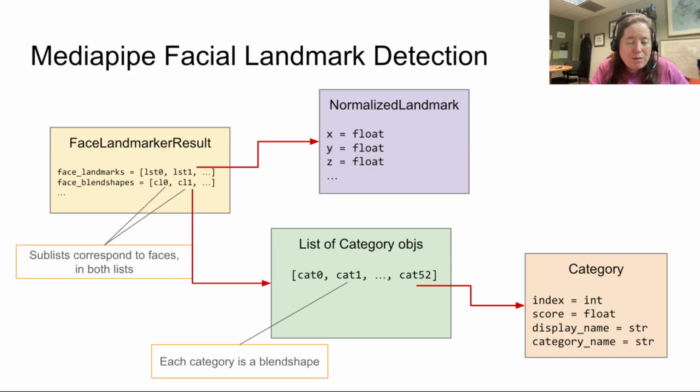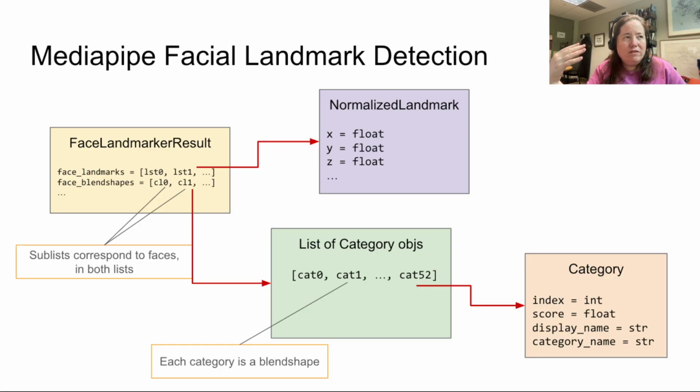For the blend shapes list, each element in the overall list is a list of category objects that identify, for each blend shape category, how strongly that seems to be present in the face. So there would be 53 elements in each list, and each one is a different blend shape, and you have a score for each one, which tells how strongly it's present.